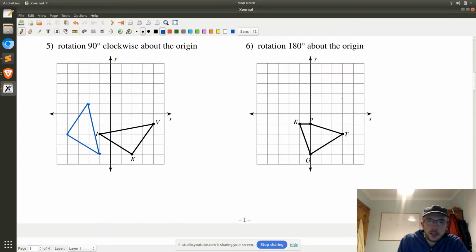Now rotate 180 degrees about the origin. All right. So P will become there. Then, no, that's not quite right.